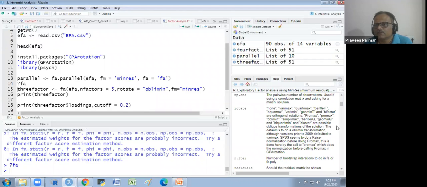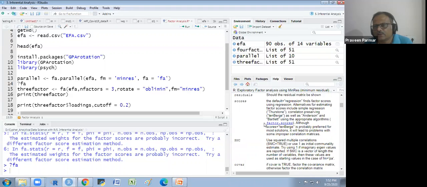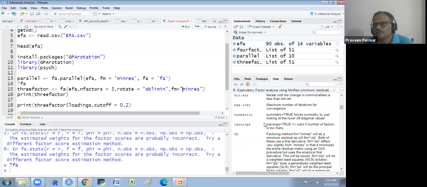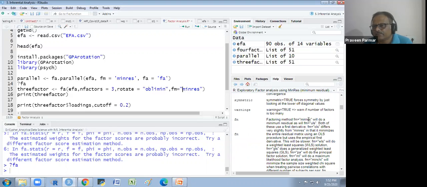So it's up to you what you select. Varimax, generally we use it for maximizing variance. And the fm is the factoring method: minres is the minimum residual, or fm ULS. So you could read this syntax and understand it.